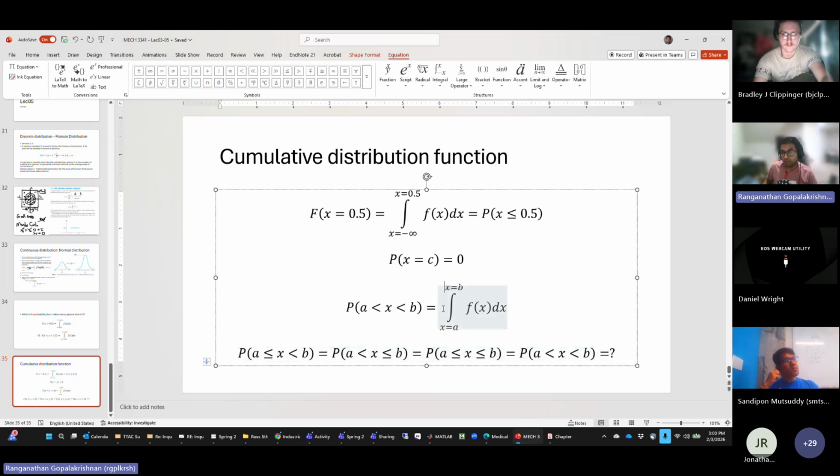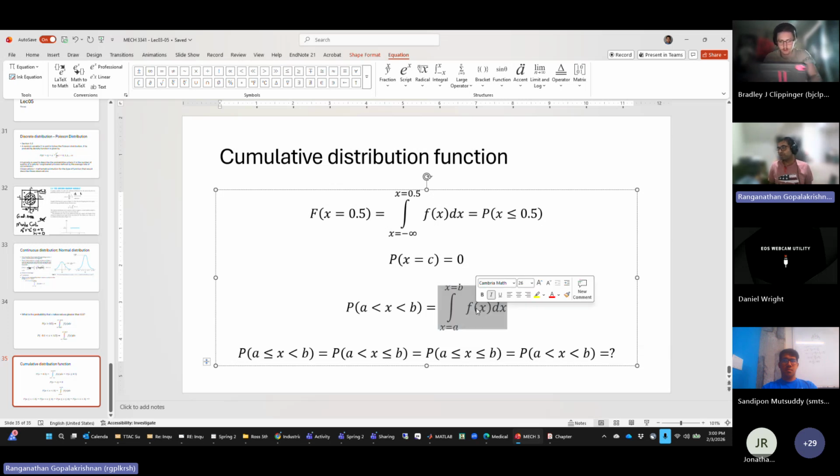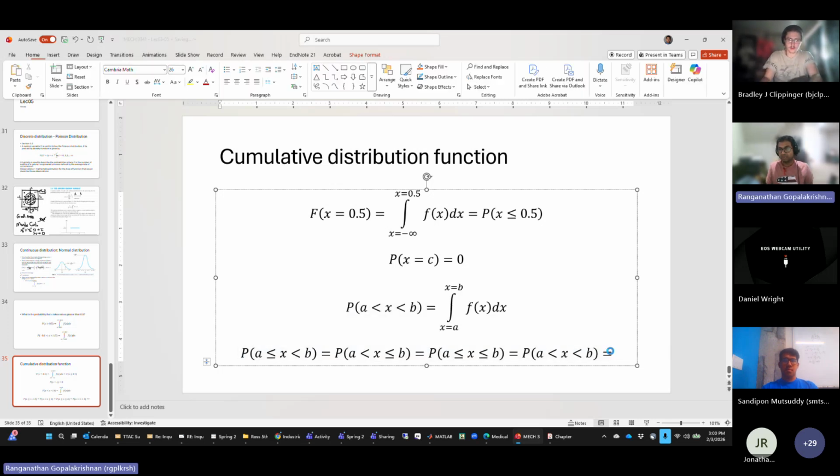But in practice, when you want to compute, since the probability of x assuming a particular value is anyway 0, it's like adding 0 to one of these. So you always calculate this. Whether you are asked any one of these four, the answer is always computed as the integral, whether it includes the endpoints or not. So the answer is always the integral.